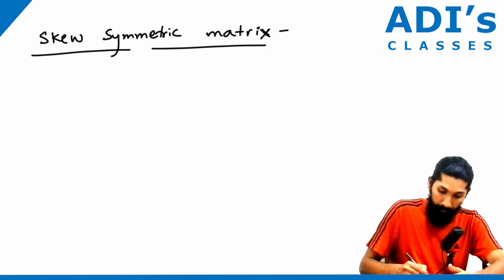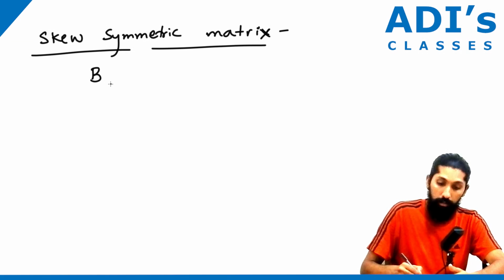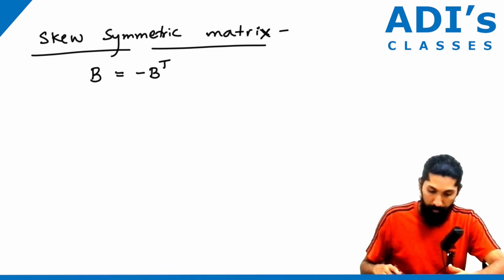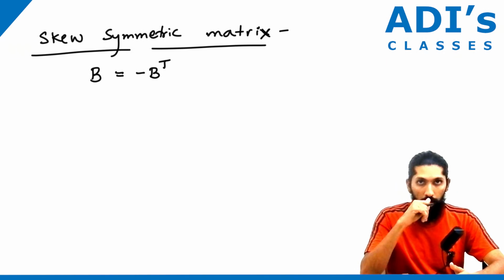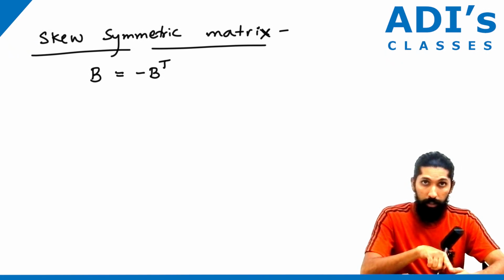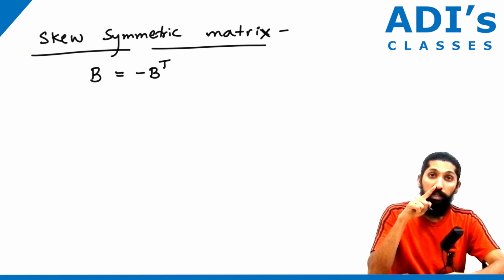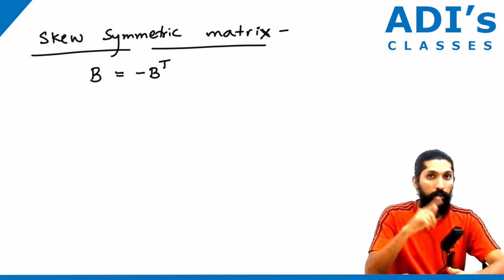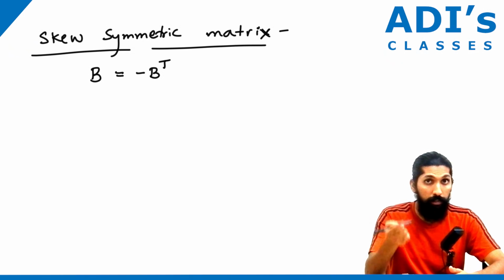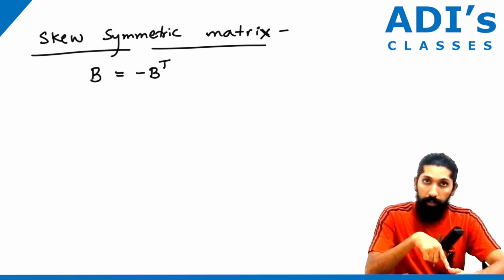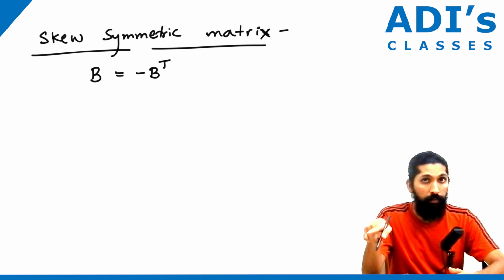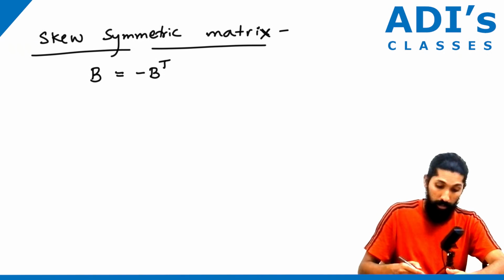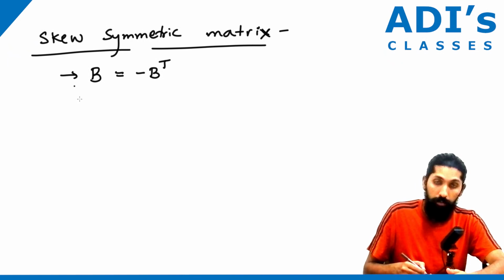In the sense, suppose I take B, then B is equal to minus B transpose. Along with that, there is one more condition, that is the principal diagonal elements are 0. The first condition for a skew symmetric matrix is that the matrix and the transpose of the matrix are negative of each other. That's the first condition, the one I've written here.